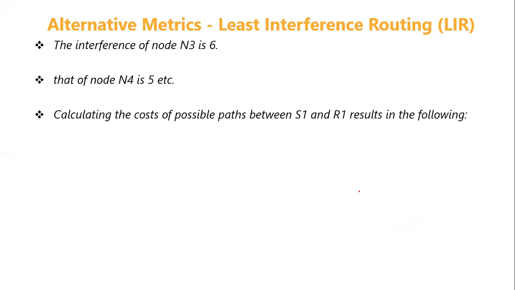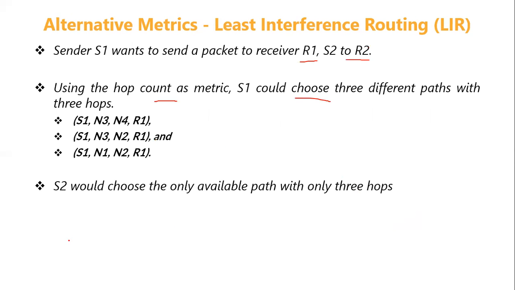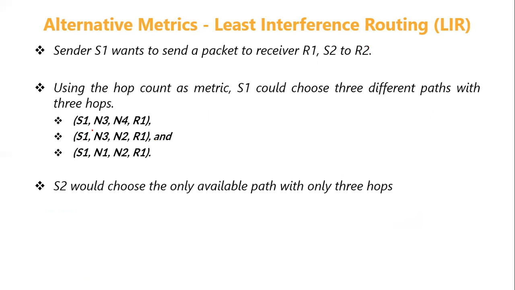Now, based on this interference value, let us calculate the cost of the possible paths between S1 to R1. In the previous slide, we identified three possible paths from S1 to R1 based on least hop. For all these paths, let us identify the cost in terms of interference.